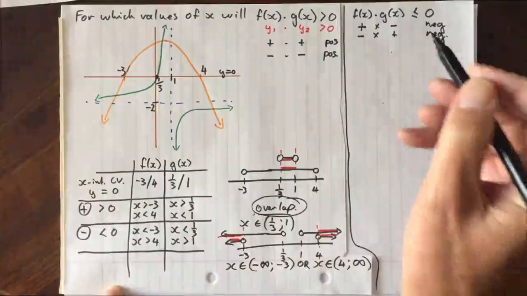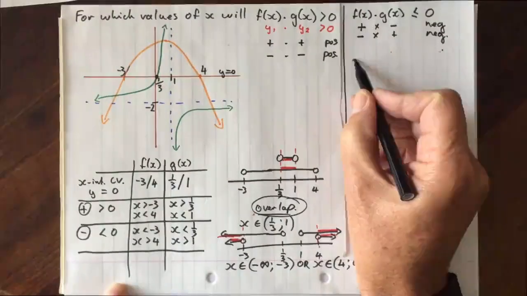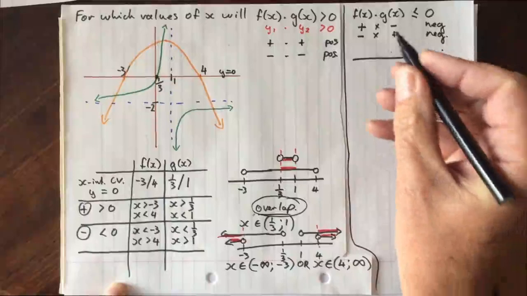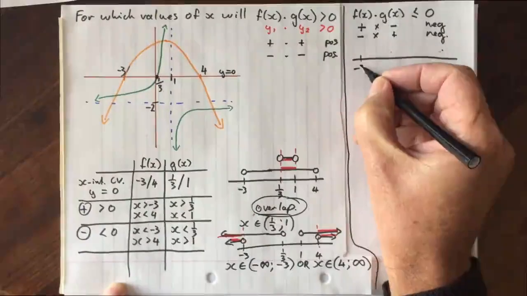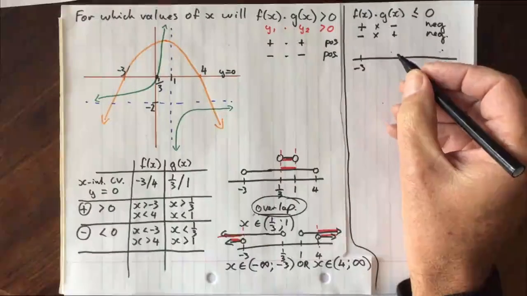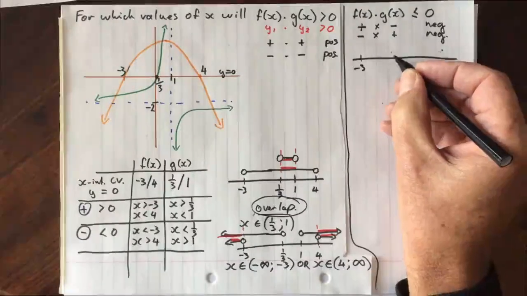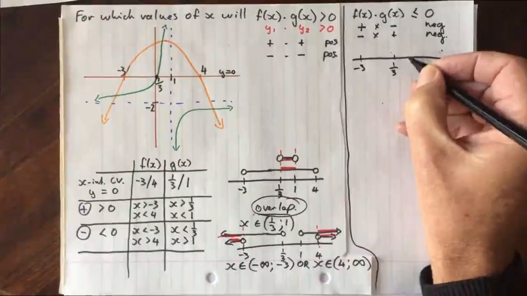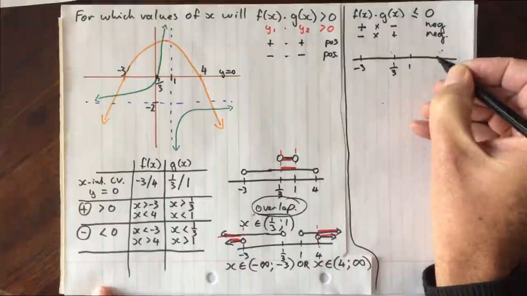So we're going to make use of our number line as well. We have -3 and we have a third. Then we have our 1 and then also the 4.